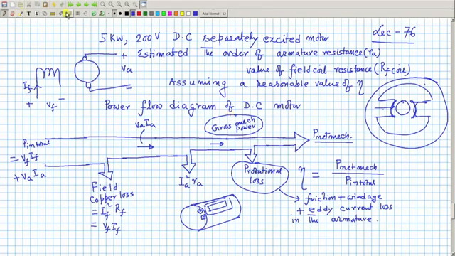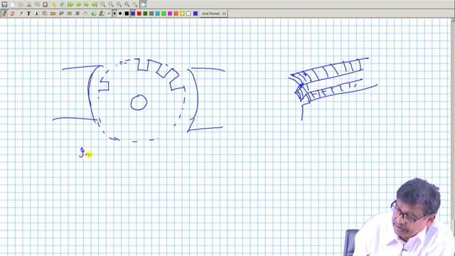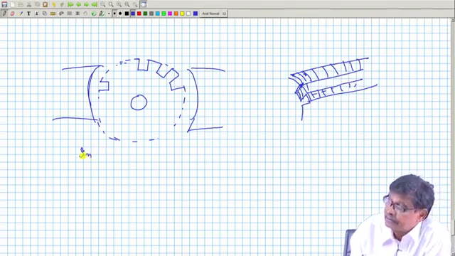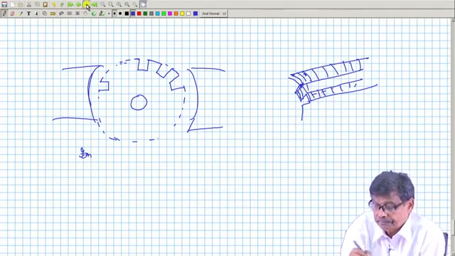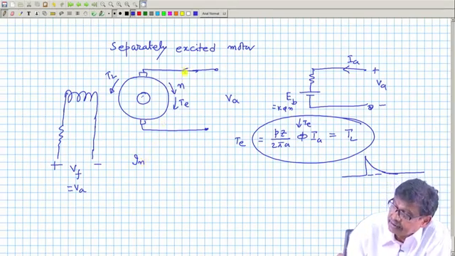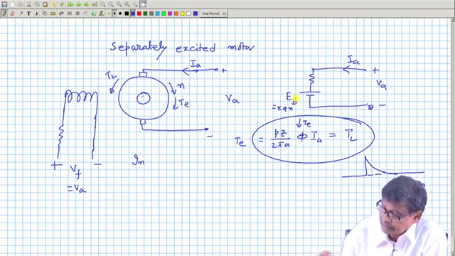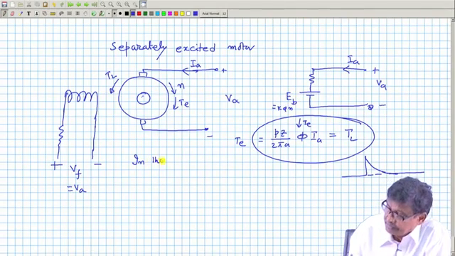Now, I can also get that by simply arguing as follows. In the armature circuit, this is Ia. Suppose the steady state current drawn is Ia and the back EMF is Eb.